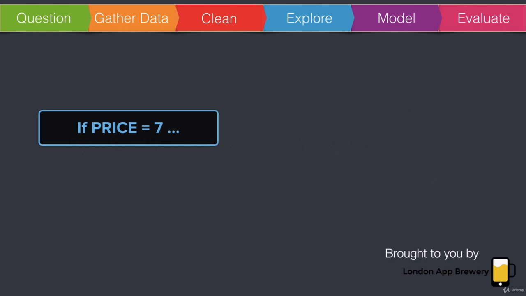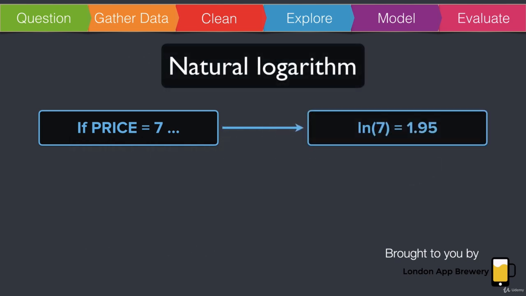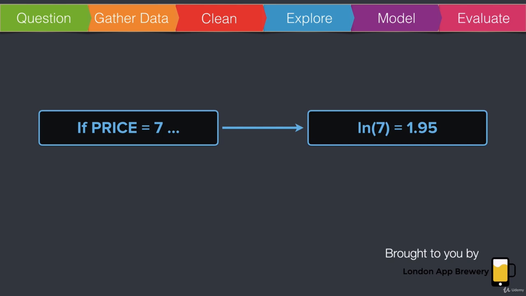And so that means that if one of the target values, one of the prices, is equal to the value 7, then the log of this price is equal to 1.95. And you can calculate this simply by grabbing a calculator and using the ln function on that thing. But here's the interesting part.